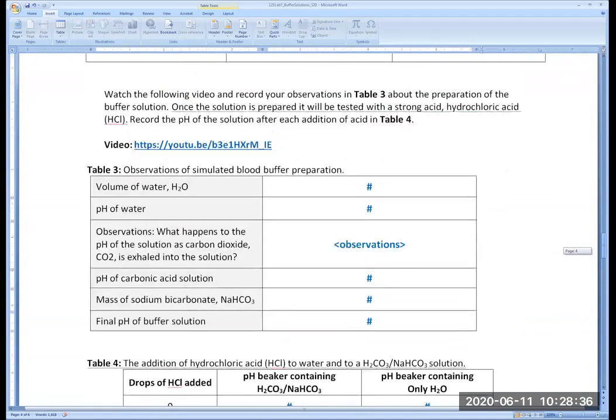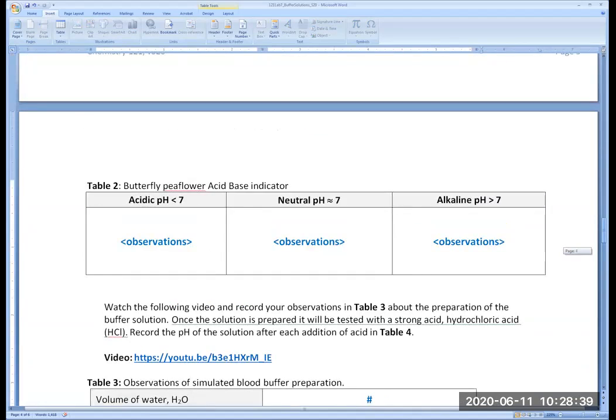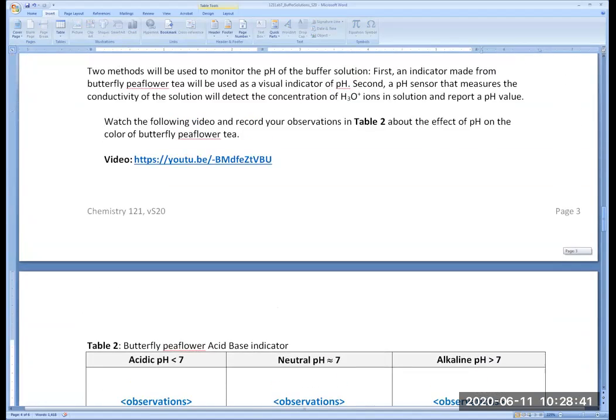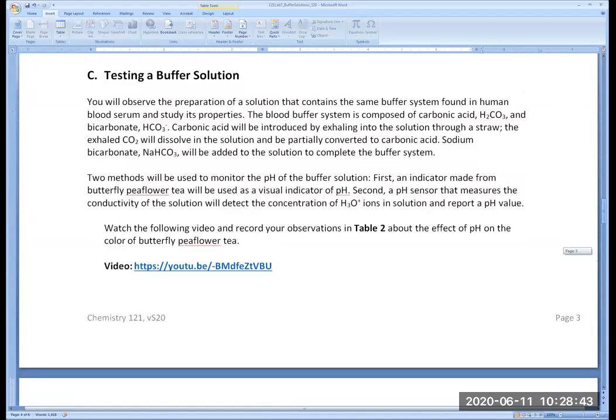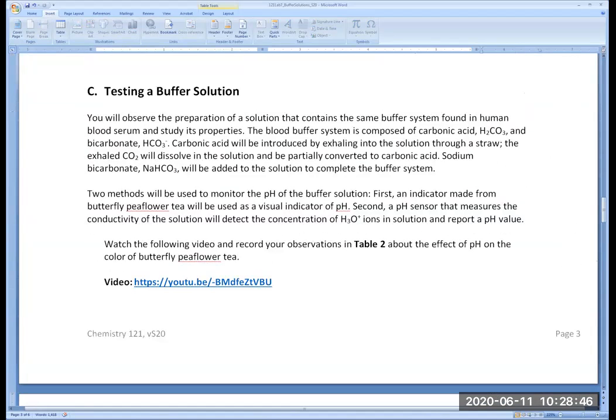But before that, she also uses an indicator. So it's here again. It says two methods will be used to monitor the pH of the buffer solution. First, an indicator made from butterfly pea flower tea will be used as a visual indicator of pH. It will give a color to the solution, and the color will tell you if you have an acidic pH or a basic pH.